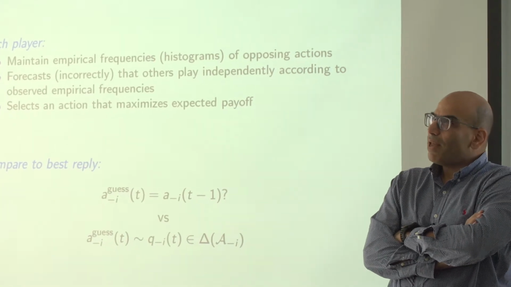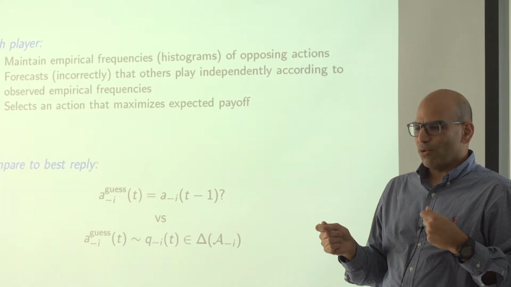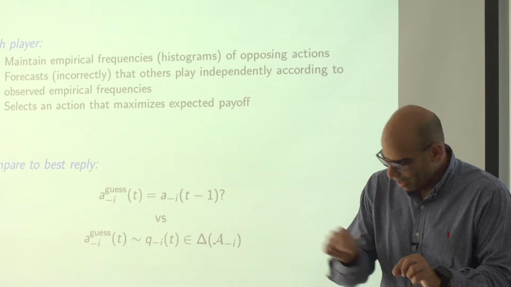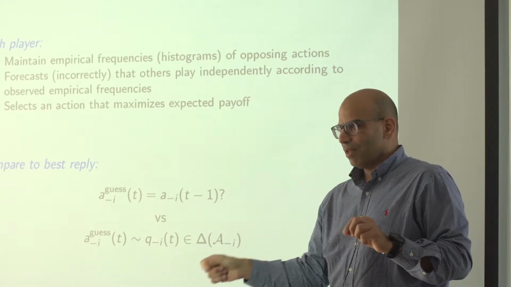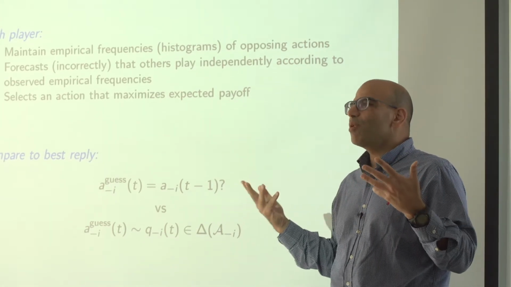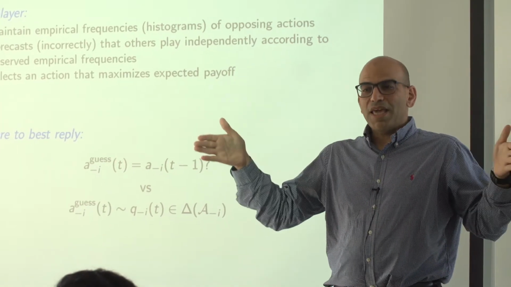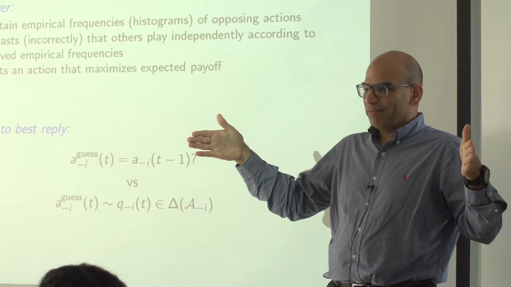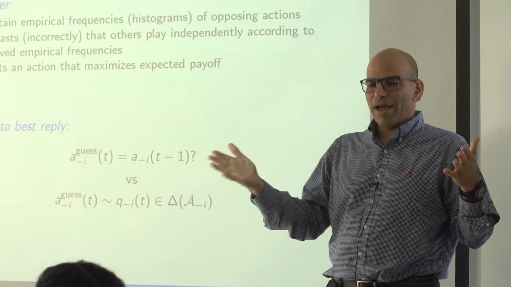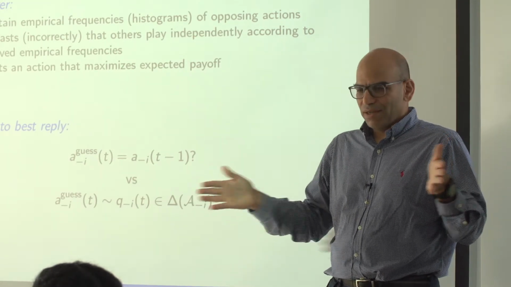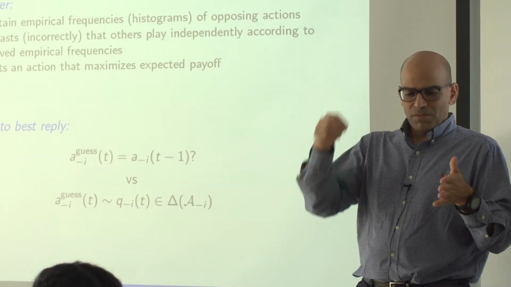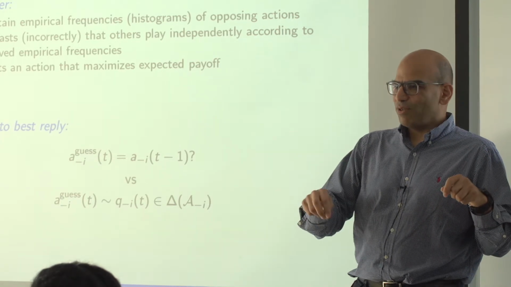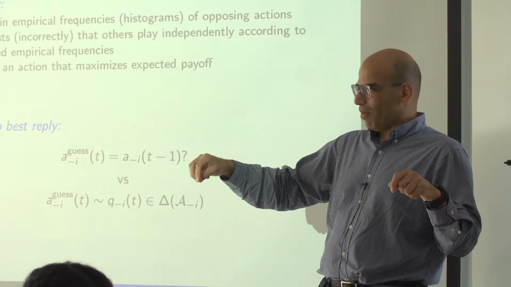So let's see, with best reply, what did we do? I looked at what you did yesterday, and I used that as a forecast. With fictitious play, I'm going to be a little bit more sophisticated. I'm going to keep a histogram of what you've done. Suppose you're allowed to go left, middle, right. We've played for 100 days, 30 days you went left, 30 days you went middle, 40 days you went right.